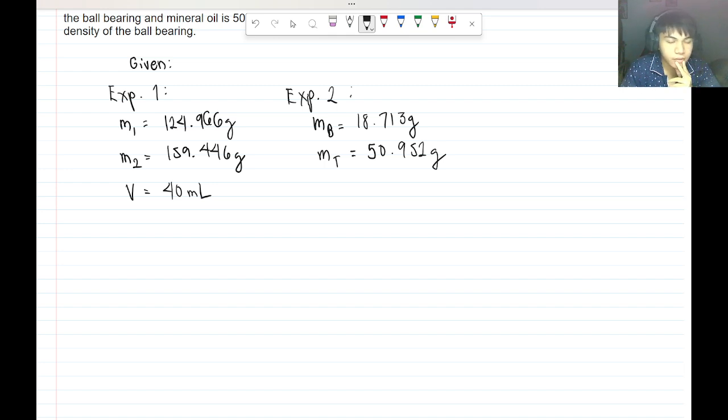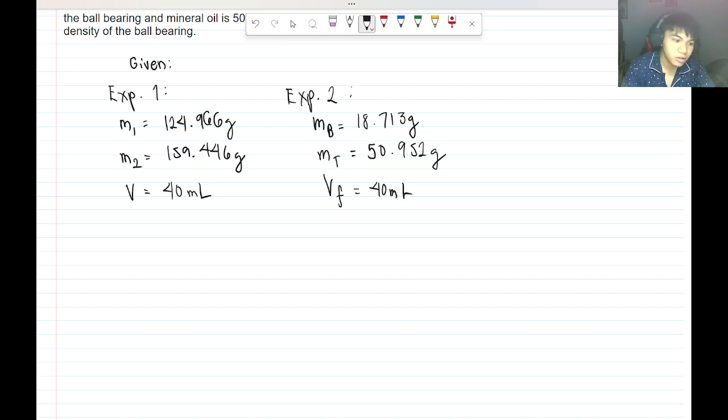We're asked to find the density of the ball bearing. And I think this volume is constant here. Then here, the final volume is just 40 milliliters. So, basically, when we're using the approach with the fluid properties only, we have to take the data from this and apply it to this.